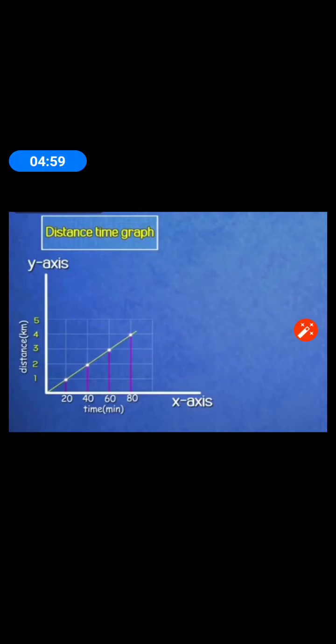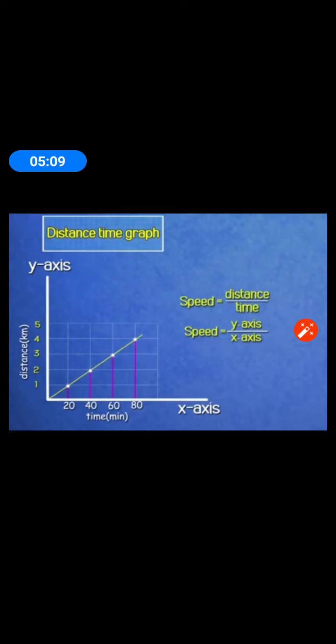That means we can say distance is equal to y-axis and time is equal to x-axis, and y-axis upon x-axis, that means the ratio of y and x-axis, is said to be the slope of the graph. Slope, you have to learn this.